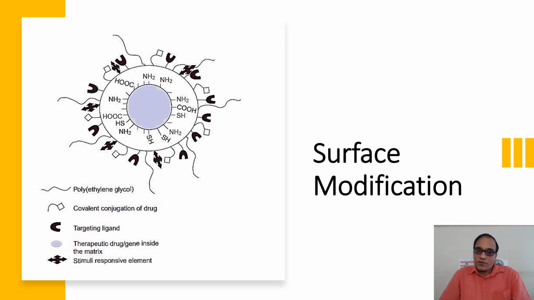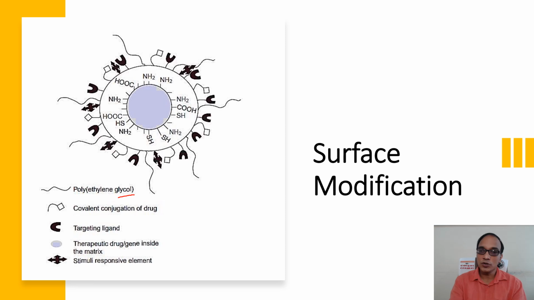Now surface modification. As we did in microparticles, we can modify the surface of the nanoparticles with the help of PEG, developing hydrophilic clouds so that they will not be detected as a foreign agent. So opsonization will not occur if we give them a hydrophilic coating of polyethylene glycol.